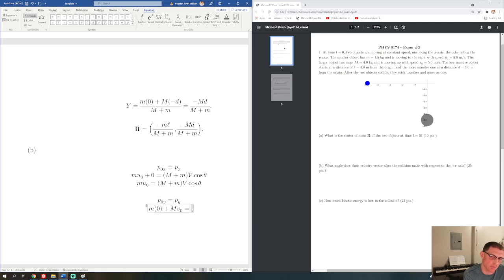Then we do almost the exact same thing. It's big M plus little m times big V, and in this case we're talking about the y component of their shared velocity, so it's going to be big V sine theta, where again theta is the angle that their shared velocity vector after the collision makes with the positive x-axis.